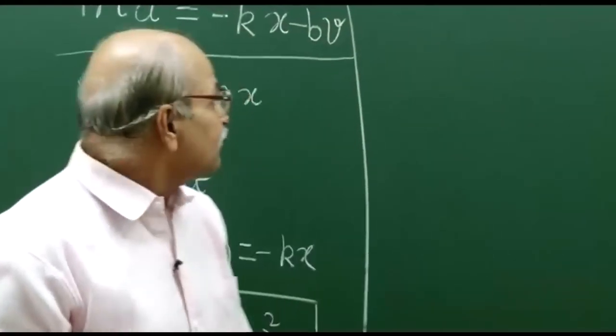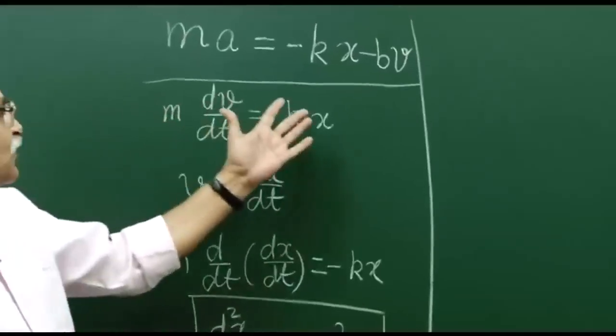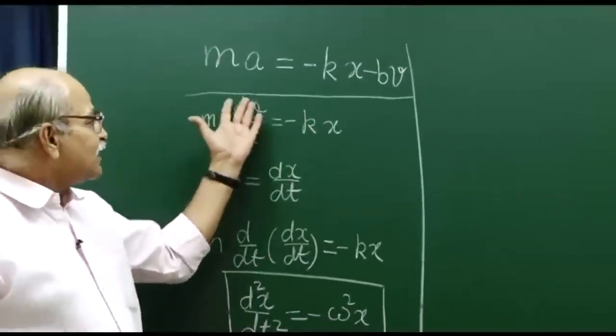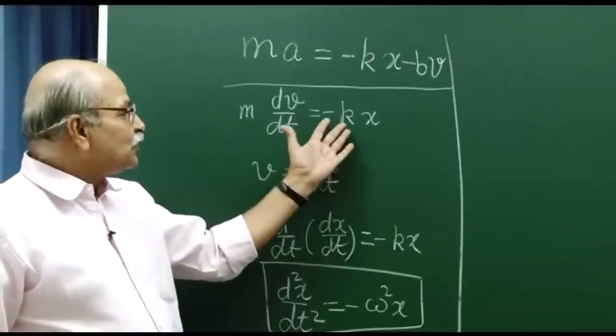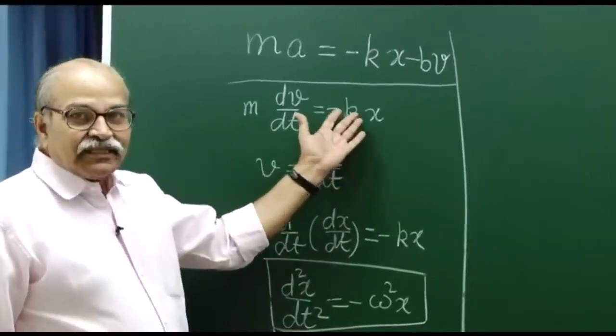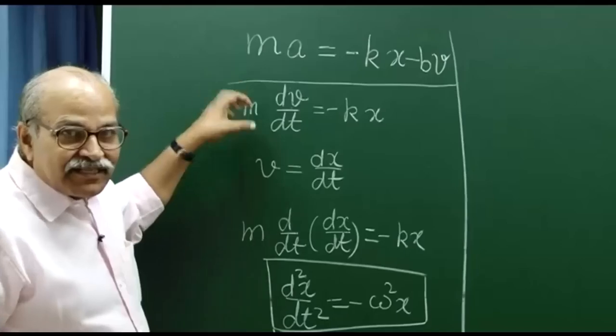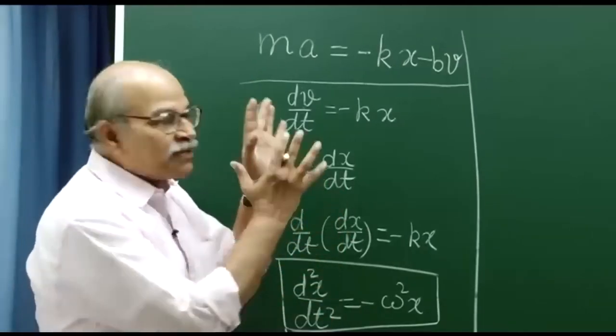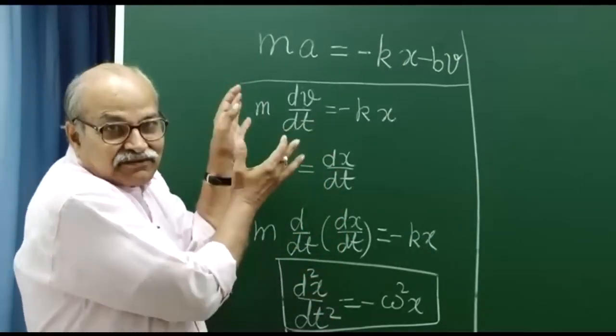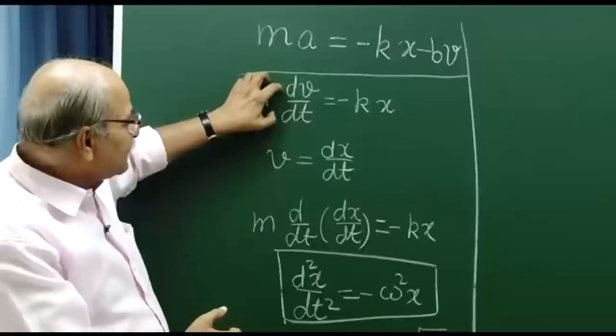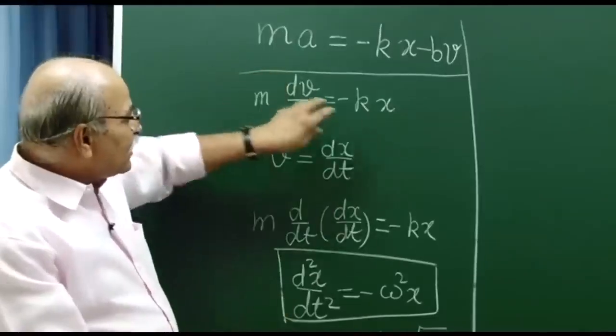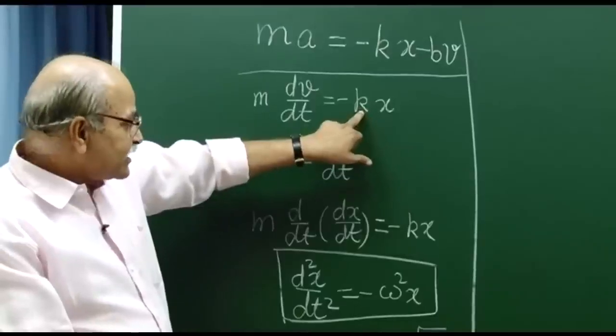The basic equation was mass times acceleration is equal to restoring force. It is not necessarily mass as such. In an oscillating system it could be moment of inertia or something else related to the system, and this is related to the force as I said earlier.